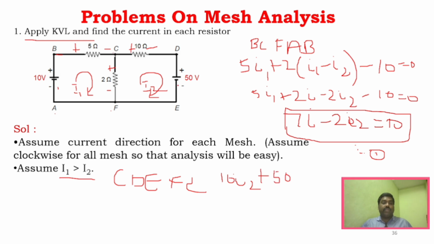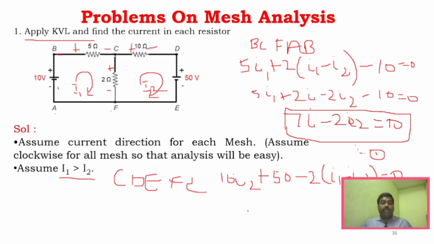And here you're approaching minus, so it's minus 2 times I1 minus I2, that is equal to 0.